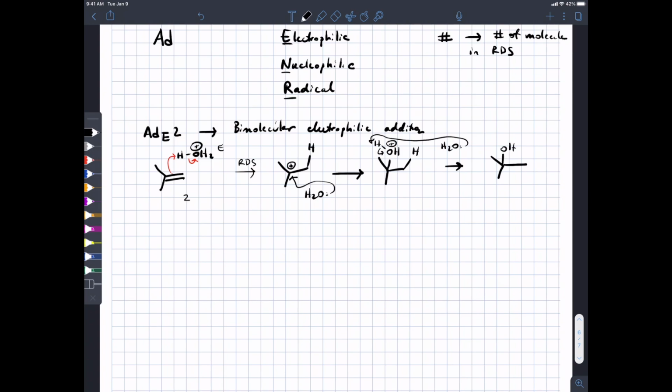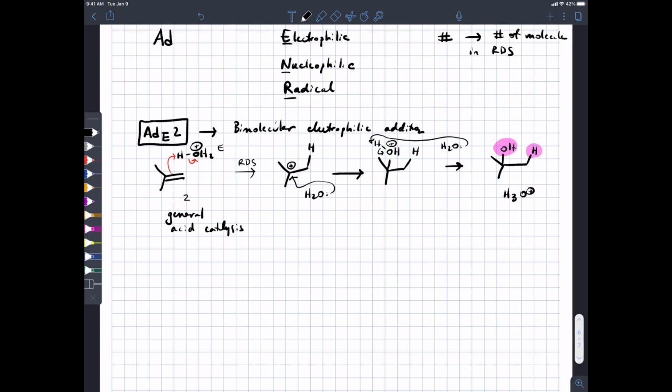And the acid is involved in the rate determining step, so that means this is general acid catalysis. But notice that the thing that gets added to the molecule is water, but we regenerate our acid. Okay, that should look pretty familiar. That should be like total review, but calling it an ADE2 mechanism might be new to you.